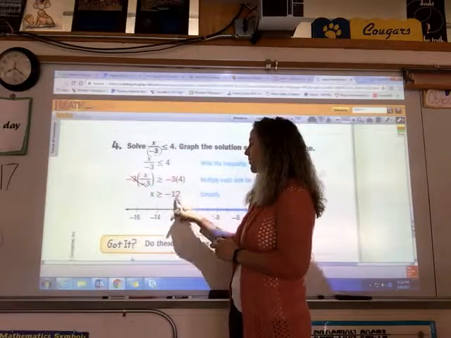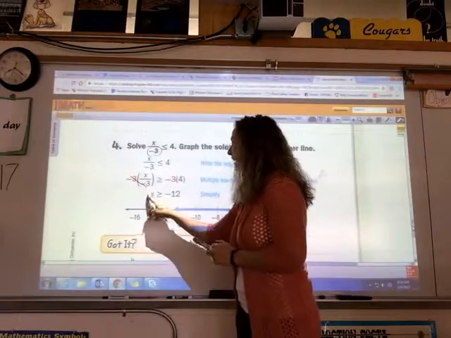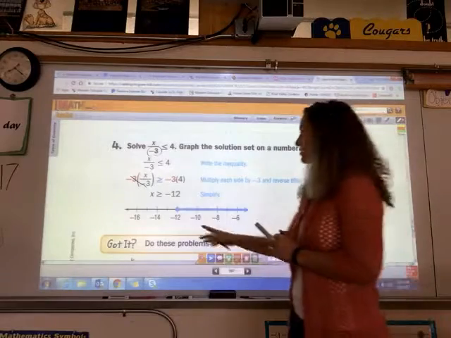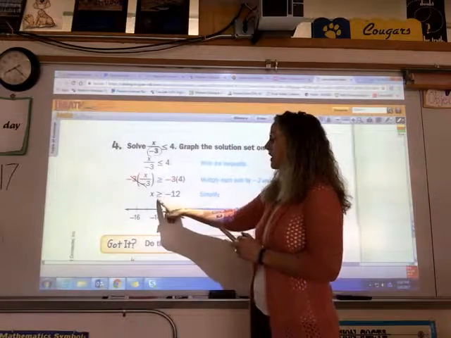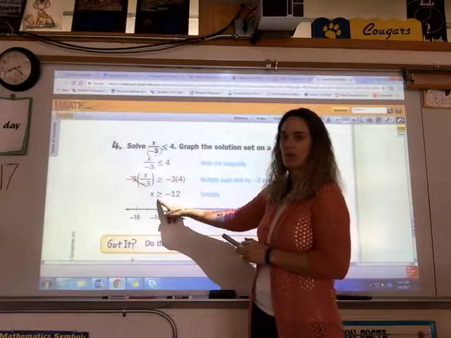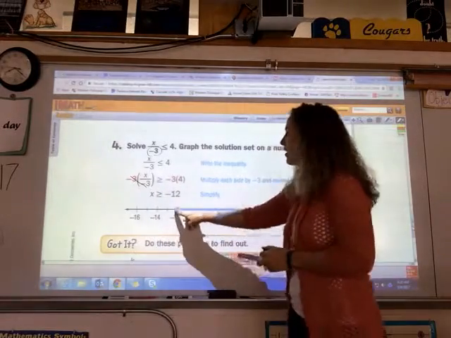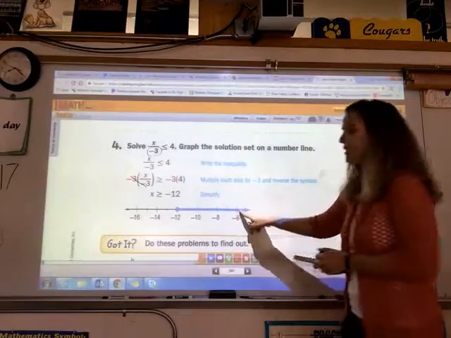And negative 3 times 4 is negative 12. So x is greater than or equal to negative 12. When I graph this one, it's going to be a closed circle because negative 12 is included, since x can also be equal to it. So x is greater than or equal to negative 12, closed circle on negative 12, and it's graphed to the right.